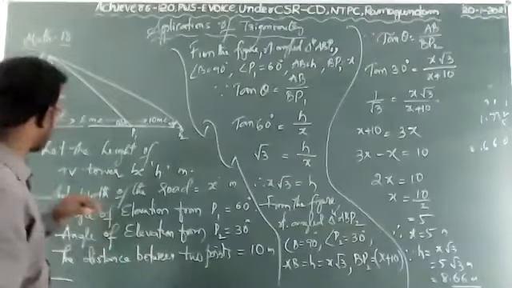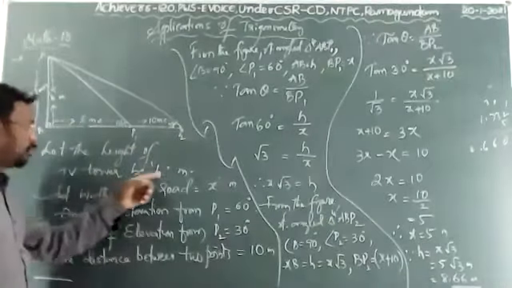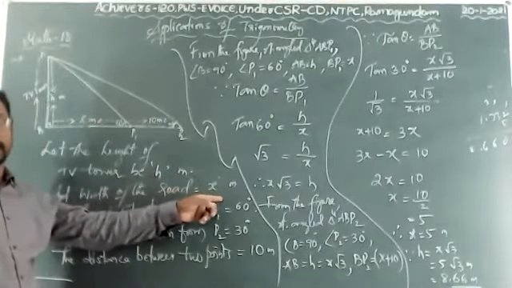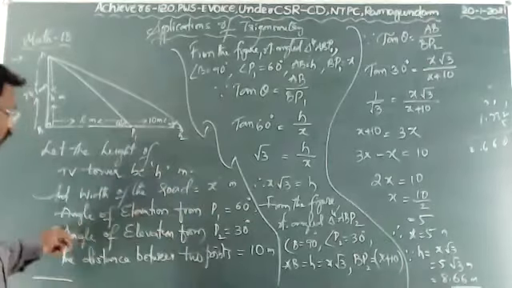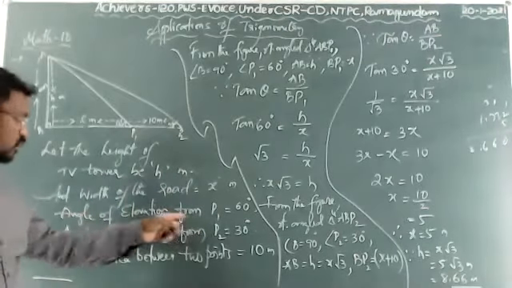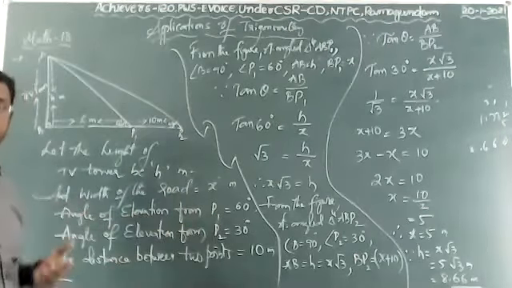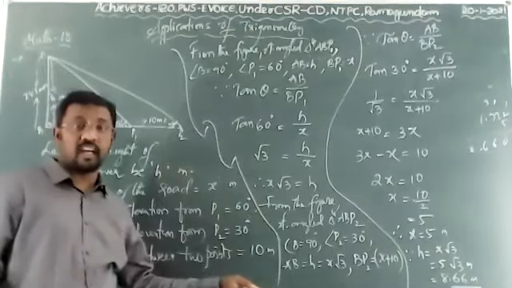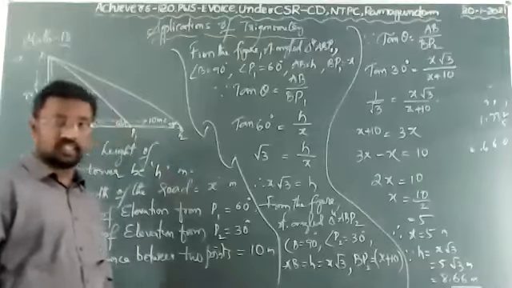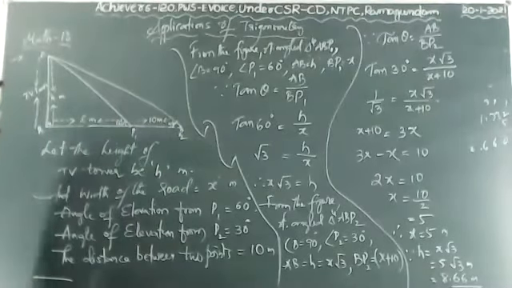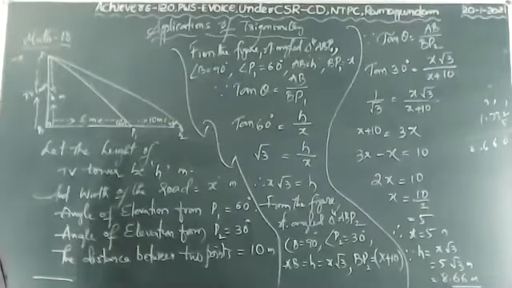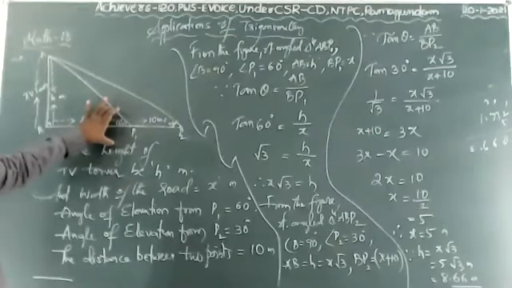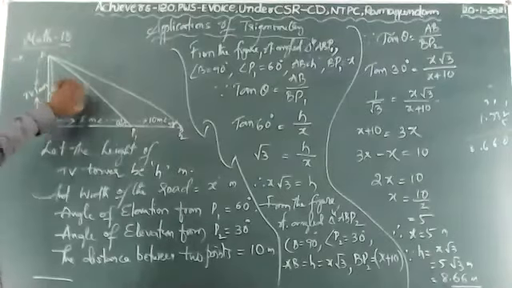Just imagine the height of the TV tower is h meters and the width of the road is x meters. Angle of elevation from P1 is 60 degrees, from P2 is 30 degrees, and the distance between P1 and P2 is 10 meters. From the figure there are two right triangles.